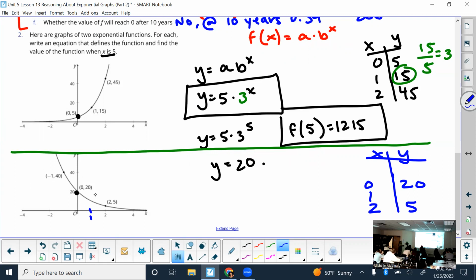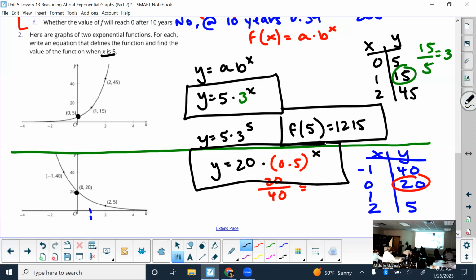So pick another x that's near the 0 that you do have. The -1 and 40. And find the common ratio there, because that would be the previous term, wouldn't it? So then 20, the previous term is 40. And what's 20 divided by 40? 1/2 or 0.5, same difference. And then that'll be for that.